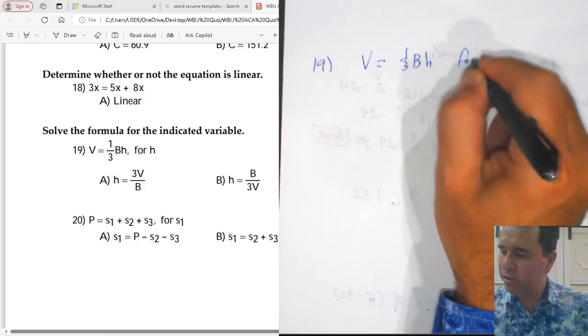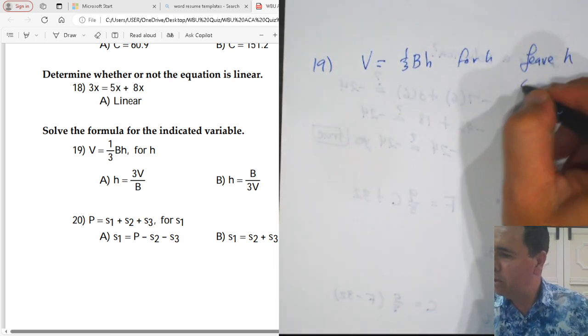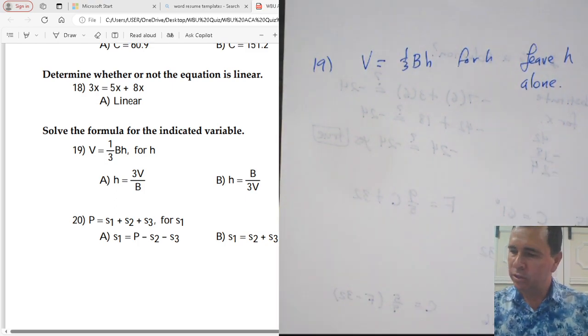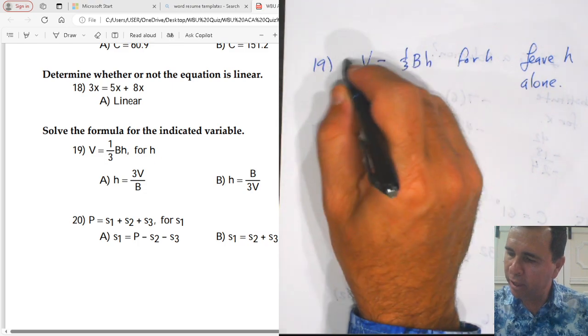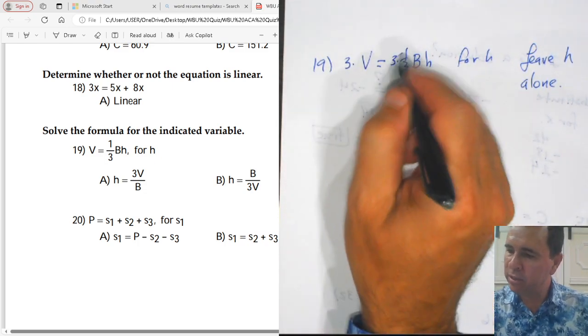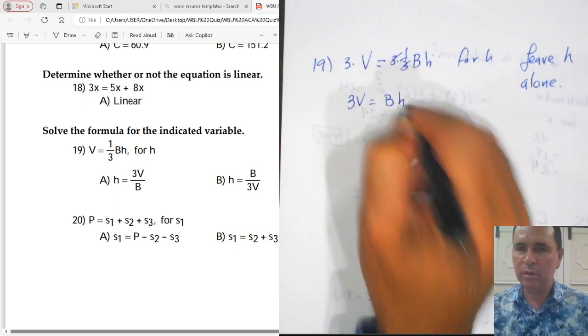Let's solve for h. So that means we're going to leave h alone. You have to do the reverse process. See how you're dividing by 3? We're going to multiply everything by 3. You know what that's going to do? That's going to cancel the 3. So 3v is equal to b times h.